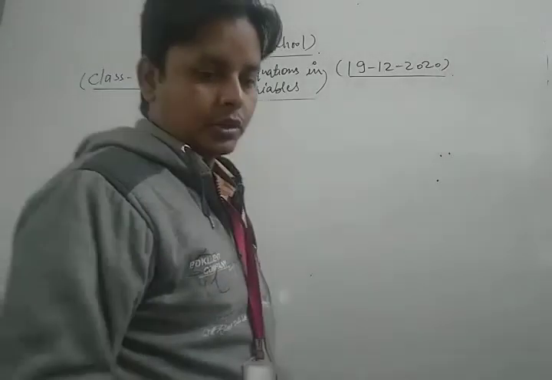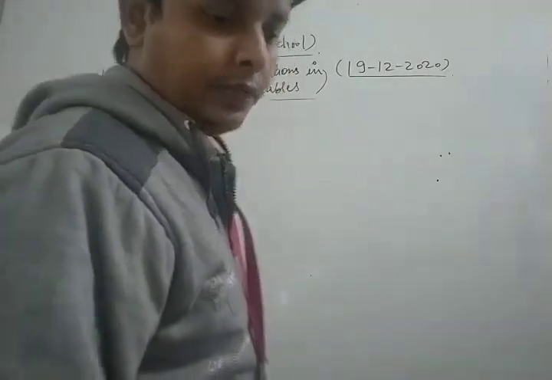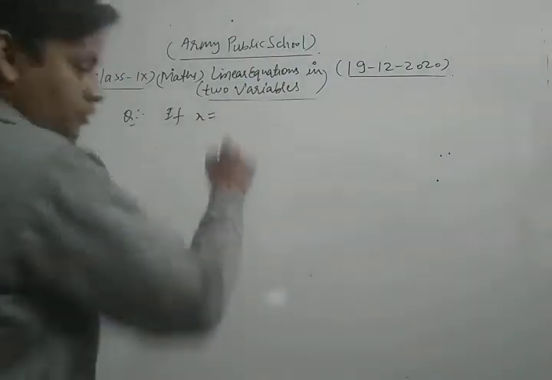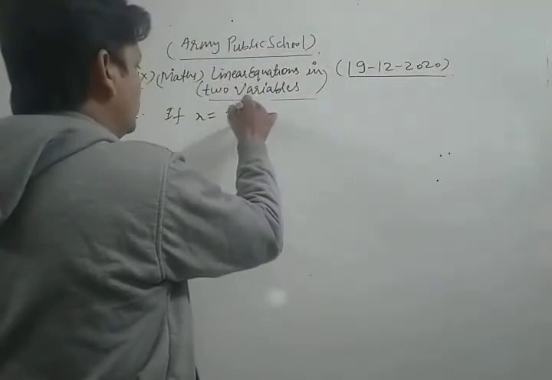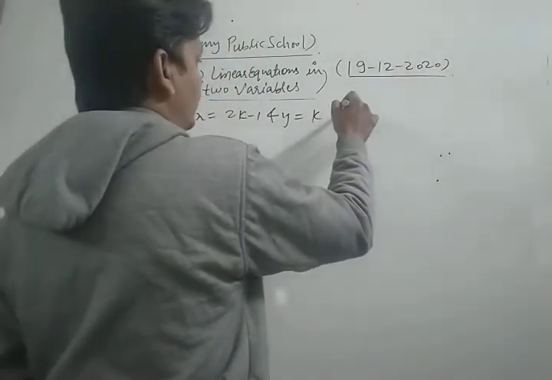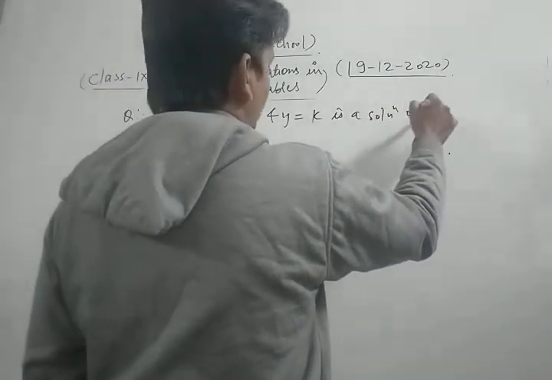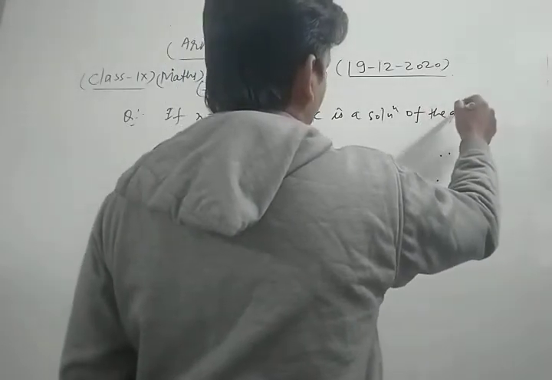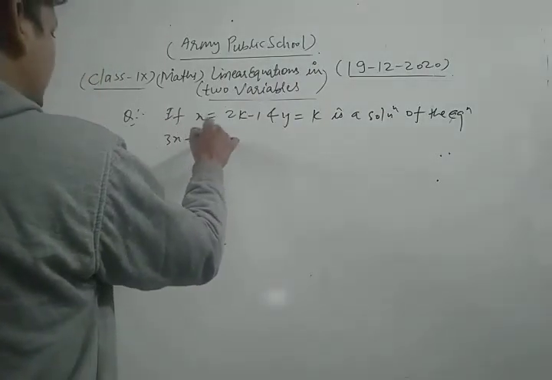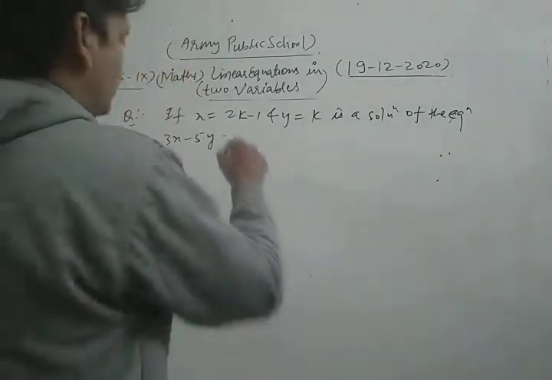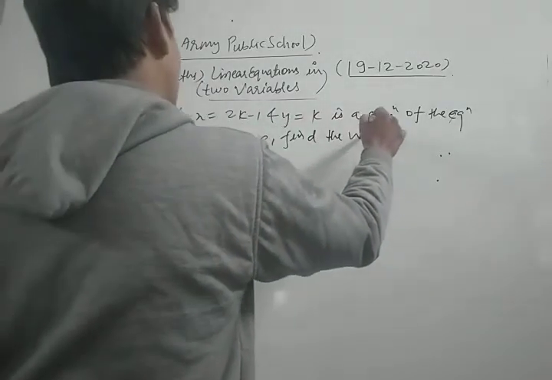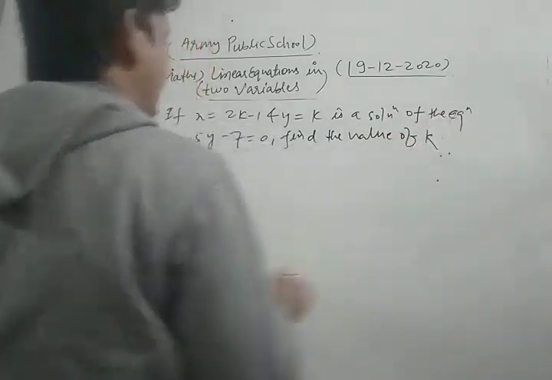If x is equal to 2k minus 1 and y is equal to k is a solution of the equation 3x minus 5y minus 7 is equal to 0, find the value of k. Let's see its solution.